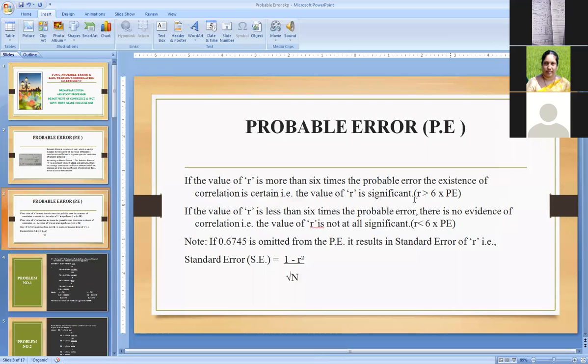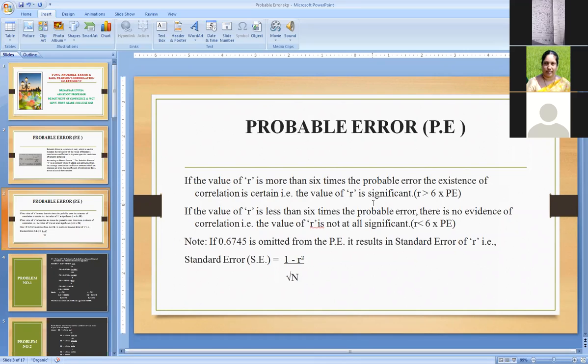if the correlation value itself is more than that, you have to calculate PE, then multiply it by 6, then whatever value you get, if the r value is more than that, then it is called significant. Then we write the interpretation whether r is significant or insignificant.